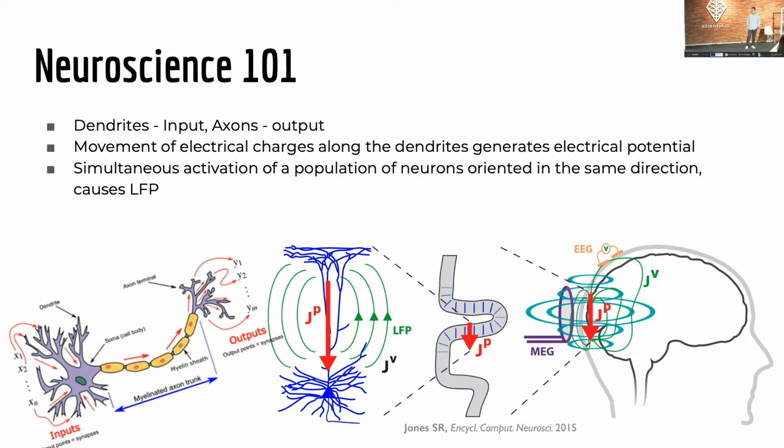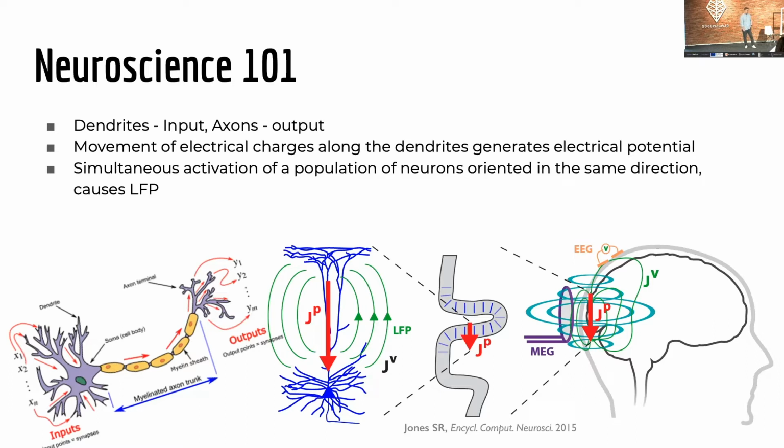When there is synchronization, for example, when thousands or tens of thousands of neurons are active at the same time, we could measure that activity because the electrical field generated by these biological neurons is very high. It also generates a very high magnetic field that can be measured with MEG.